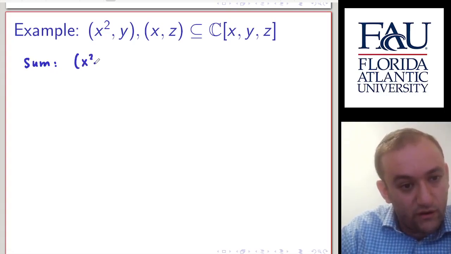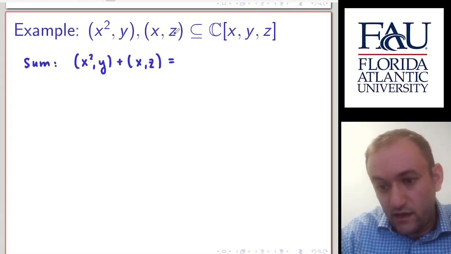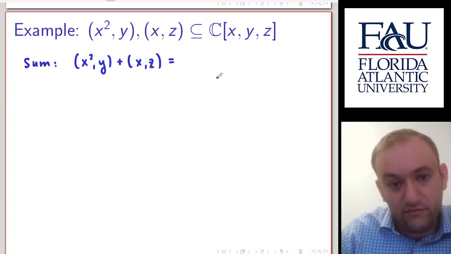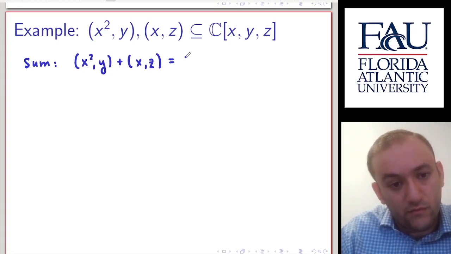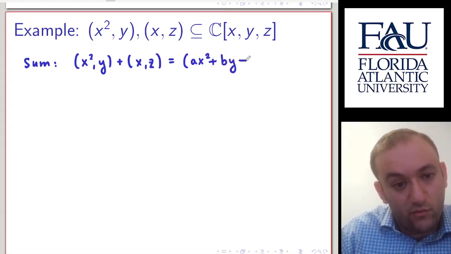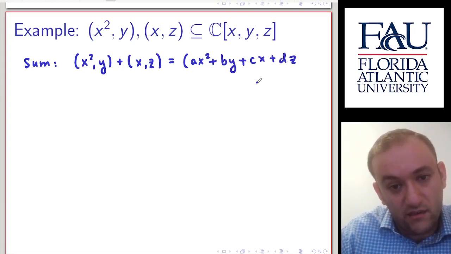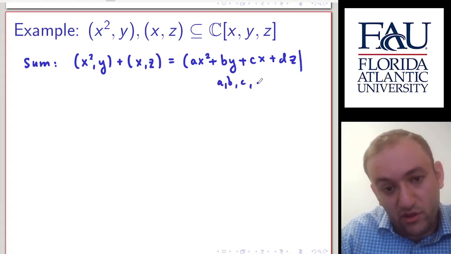So (x squared y, xz) as an ideal of the polynomial ring in 3 variables, well, I know this will be of the form a x squared plus b y plus c x plus d z, where a, b, c, and d are polynomials.